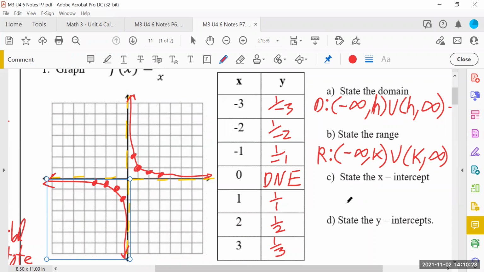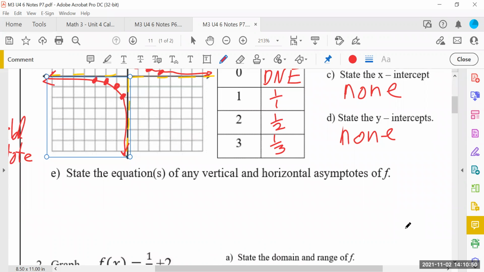And if I have an asymptote on the x-axis, I never touch the x-axis. Don't touch the x-axis, no x-intercept. Does that make sense? So in this case, none for the x-intercept, and we have the exact same problem for the y-intercept. None, because the asymptote is on the y-axis. That will not always be the case.